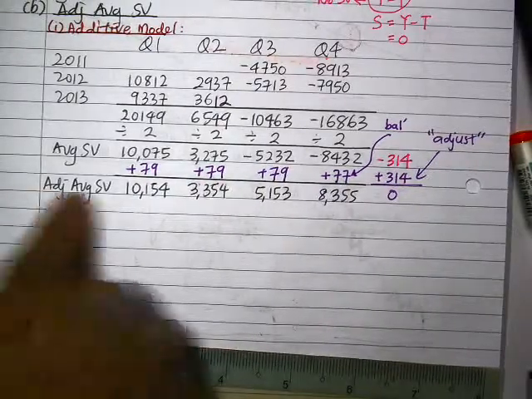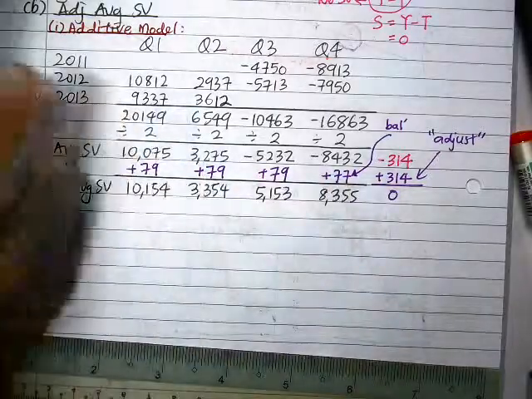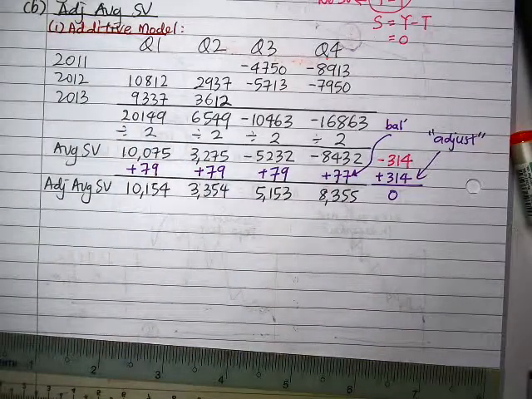That's your answer. But this answer must come from the seasonal variation you have in the table, and it is only done with the additive model.